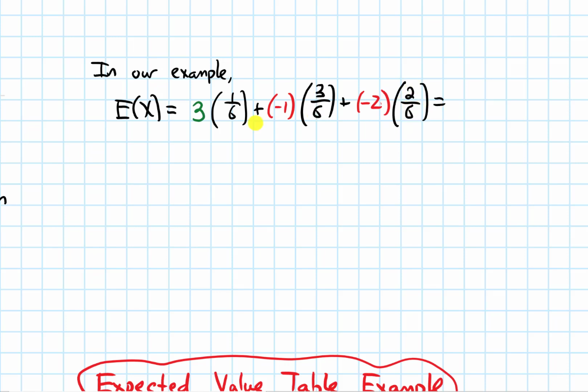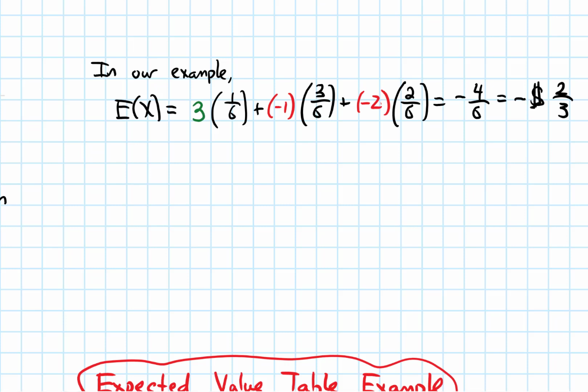And we already worked out what this was. It was -4/6. And we had simplified this to negative 2/3, units were dollars, so negative 2/3 of a dollar.